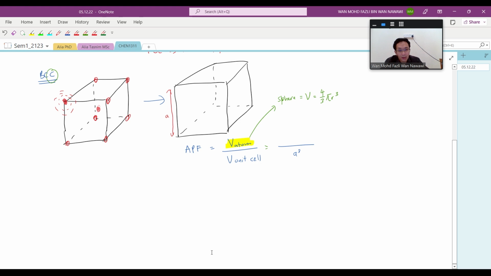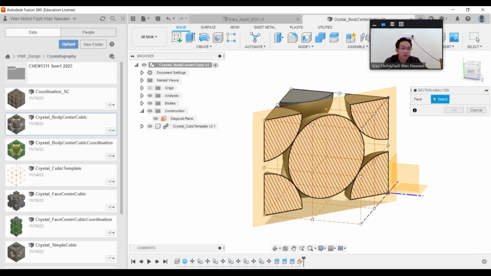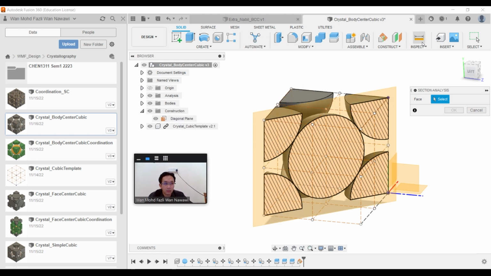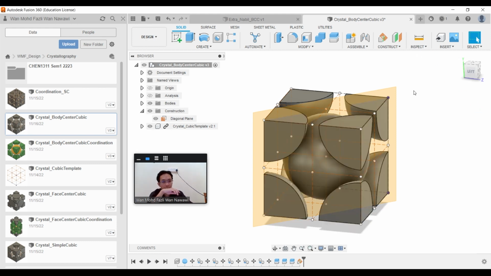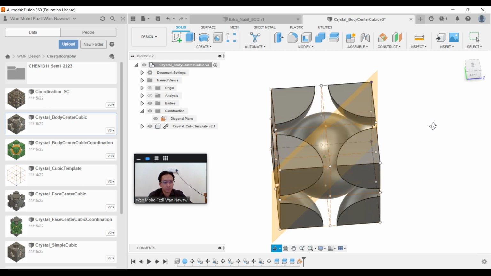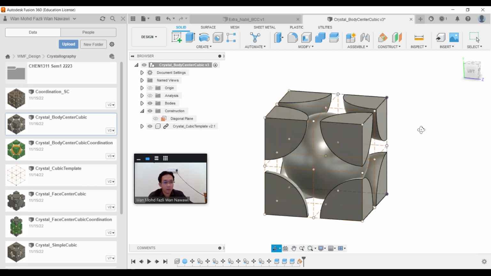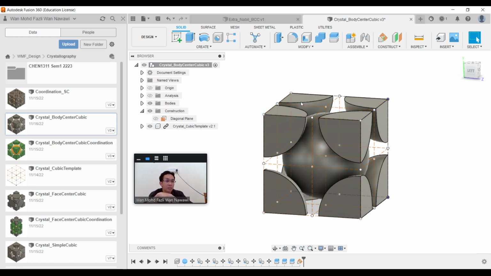If you look at the image here, the unit cell is like a cube. Now we need to know how many atoms are inside the cube.